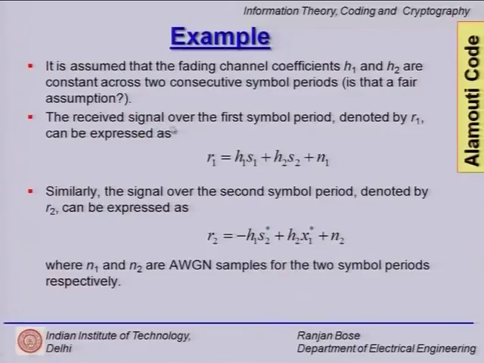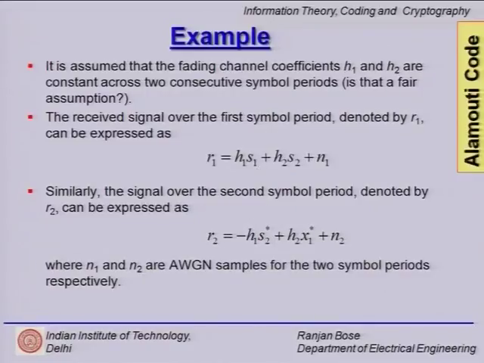Now, the received signal over the first symbol period denoted by R 1 can be represented as R 1 is H 1 S 1 plus H 2 S 2 plus N 1. So, this is time slot 1, because in the time slot 1 both transmit antennas are transmitting simultaneously.